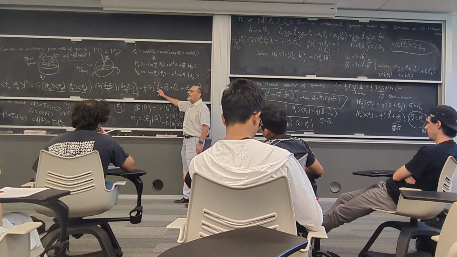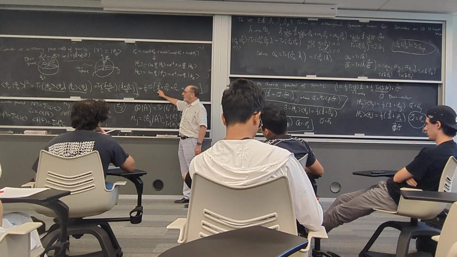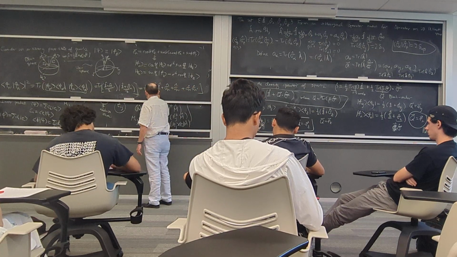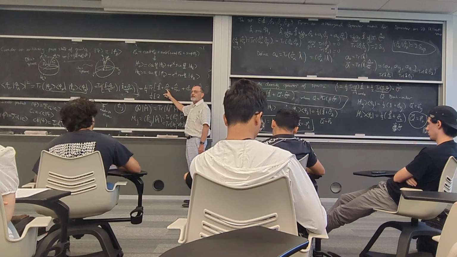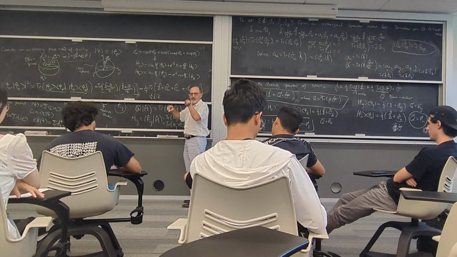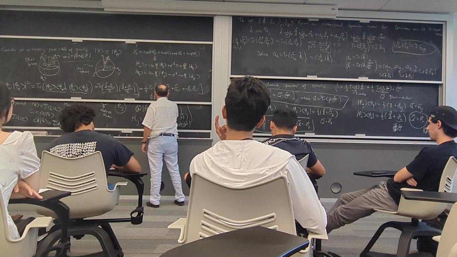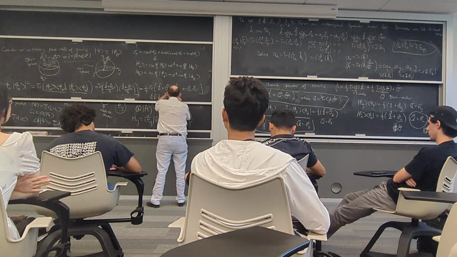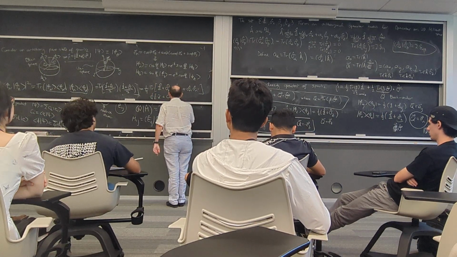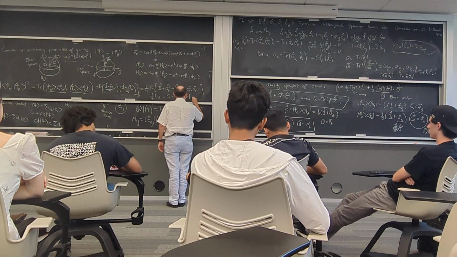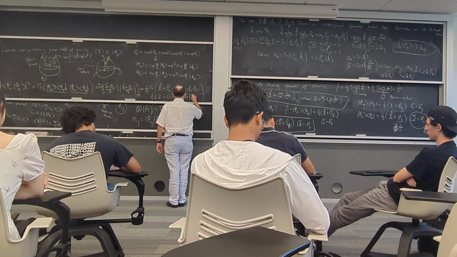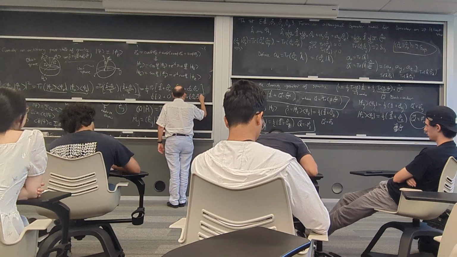The trace of the identity is 2. The trace of the sigma is 0 because they have plus and minus 1. The trace of the sigma, this guy's 0. And now I need to find the trace of this. This is going to be a little bit tricky. But here's the trick.